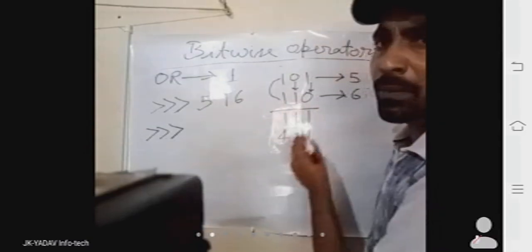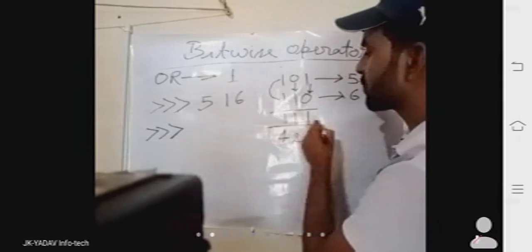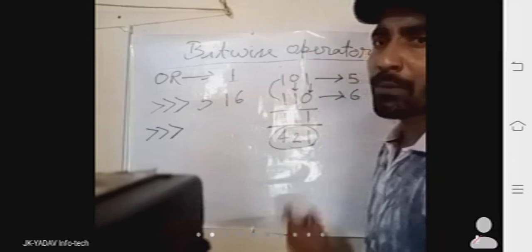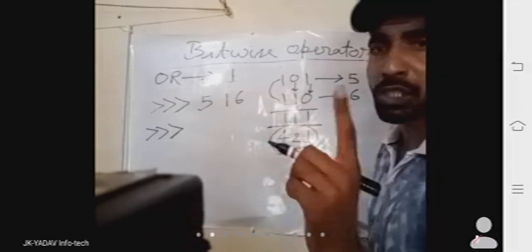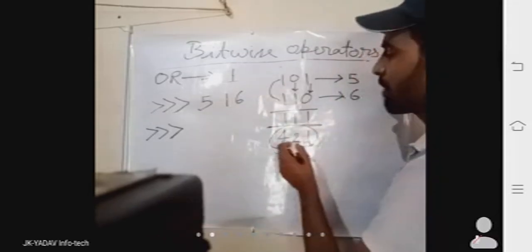The 0 digits will be removed and the rest of the digits will be calculated. We find the sum of the rest of the digits except 0. So if you add 4 plus 2 plus 1, you get the result as 7.